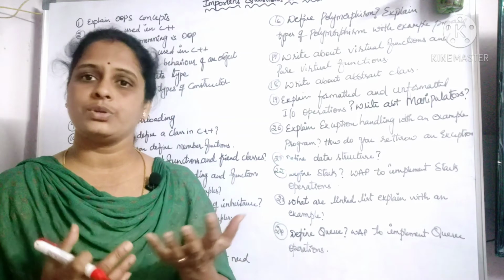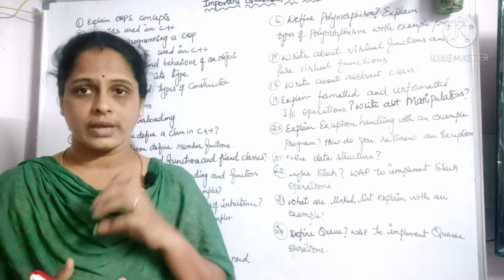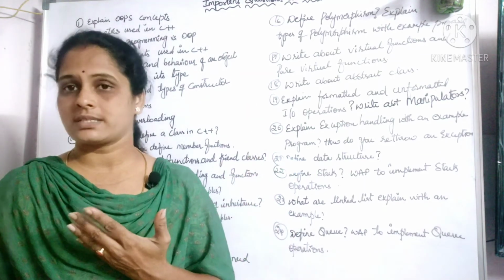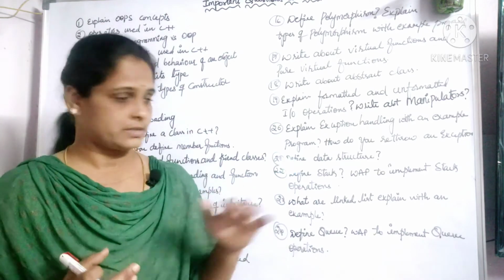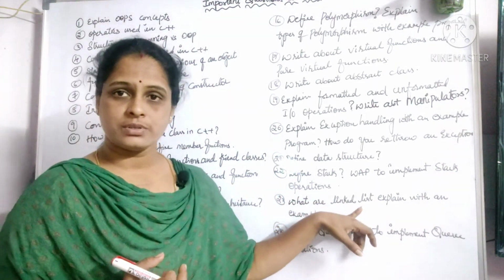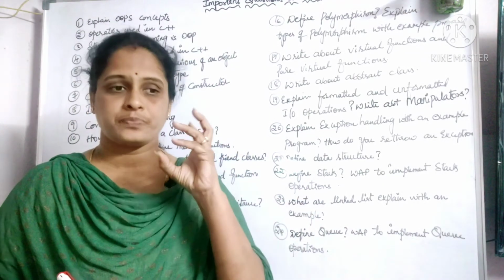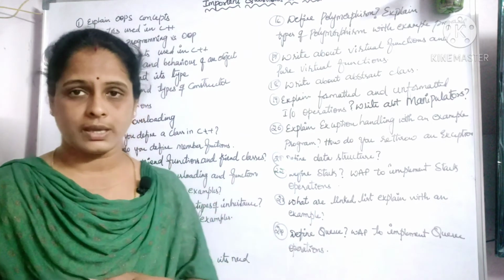Here also you can insert some element, delete some elements, find out where some element is, or traverse through the list, etc. All these are different operations you can perform on a linked list. So explain that using an example program, or using a simple example if you can show it in a diagrammatic way, right?